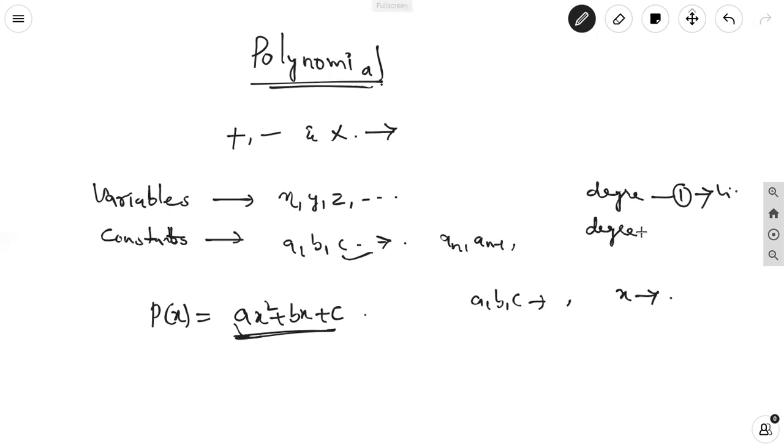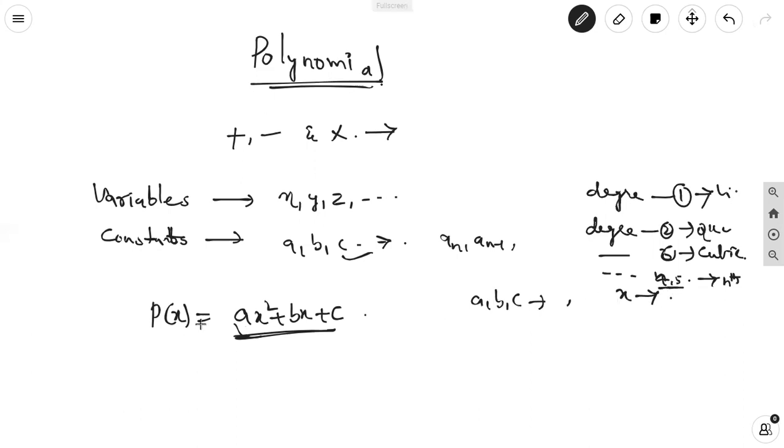If the degree is 2, they are called quadratic polynomials. If the degree is 3, they are called cubic polynomials. If it is higher, more than 3, that is 4, 5, 6 up to our wish, such polynomials are called nth degree polynomials. If the expression is of degree 4, we say it is an nth degree polynomial.